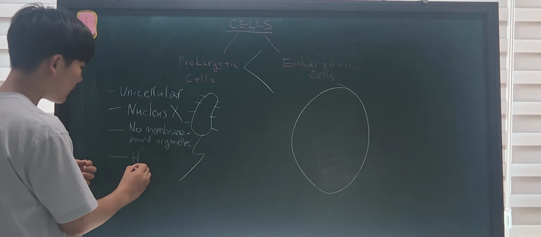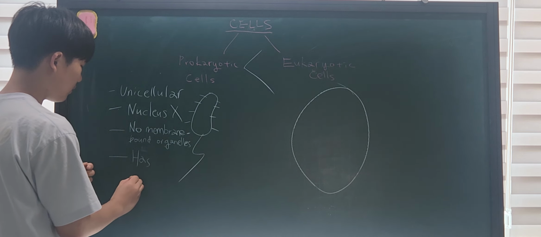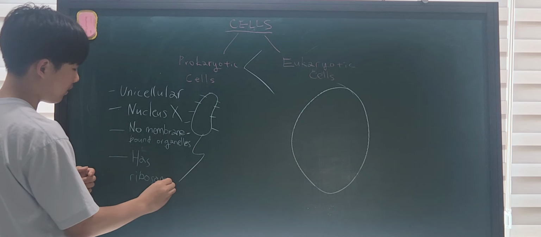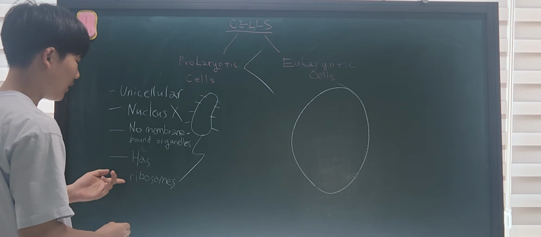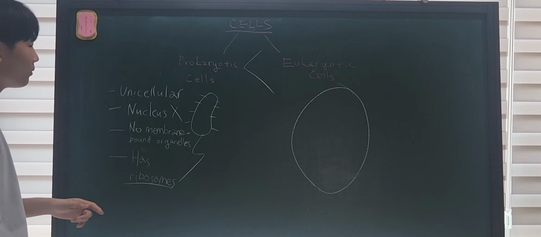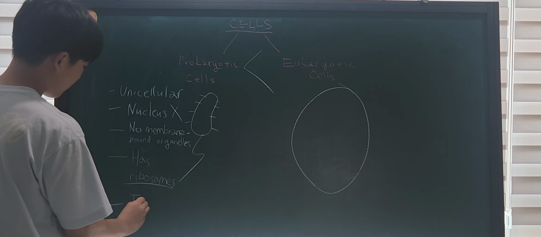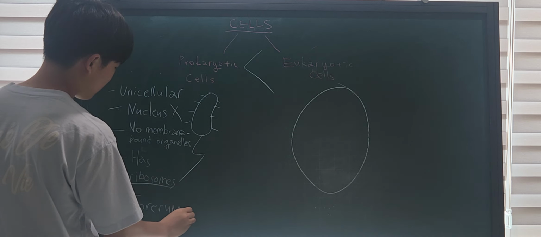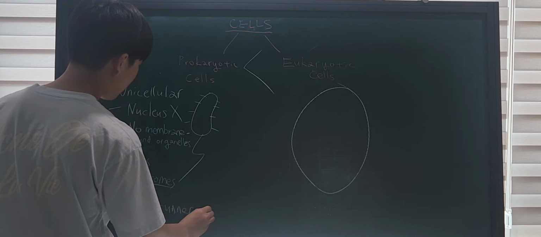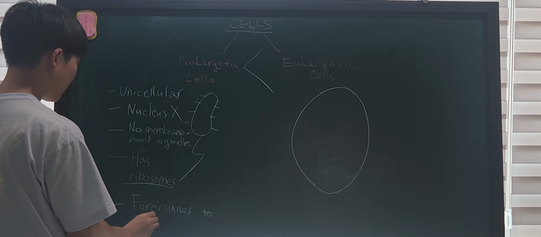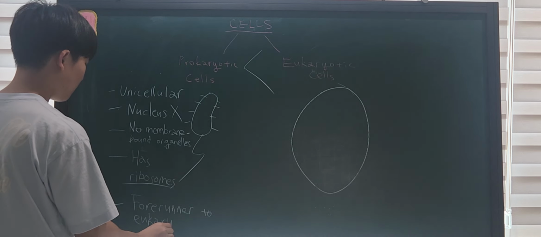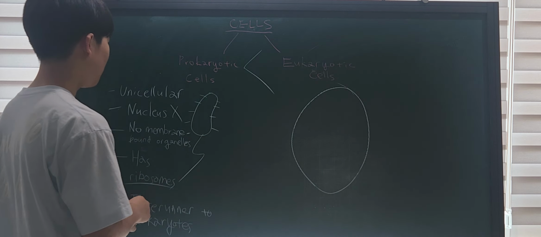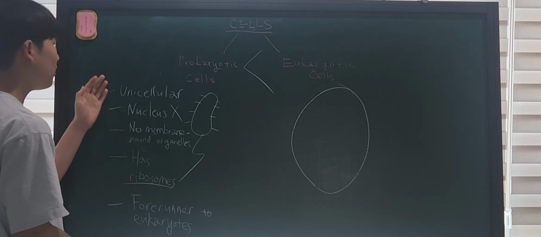However, it has ribosomes. It's pretty ironic, isn't it? Ribosome is actually considered an organelle, but it is not membrane bound. So it has ribosomes, and it is the forerunner to eukaryotic cells. That's all actually.